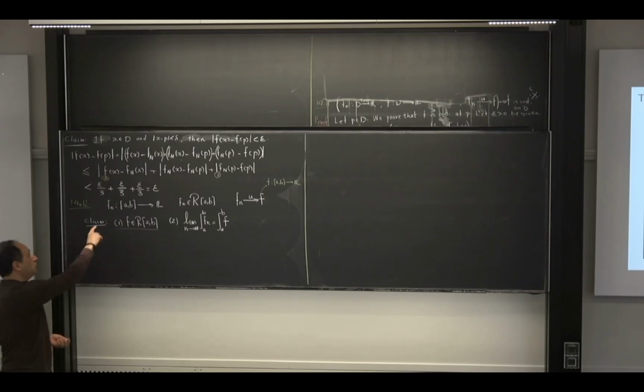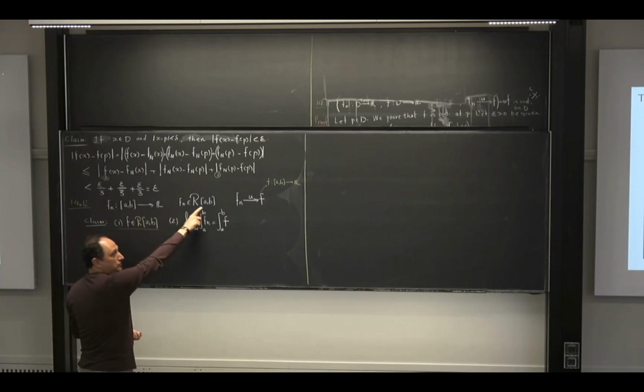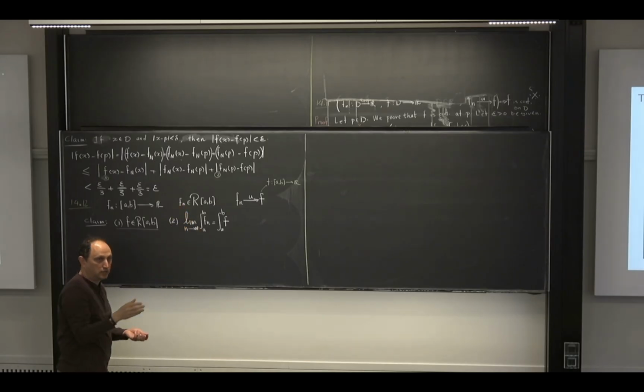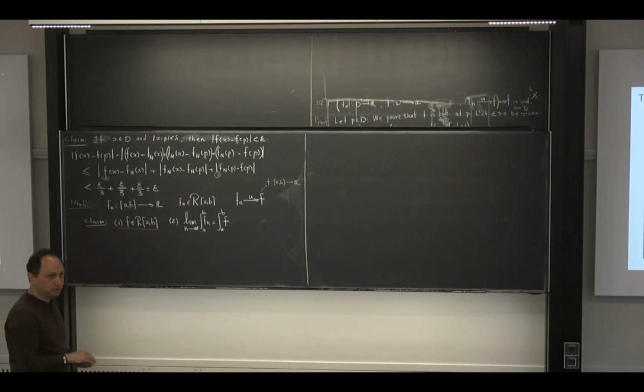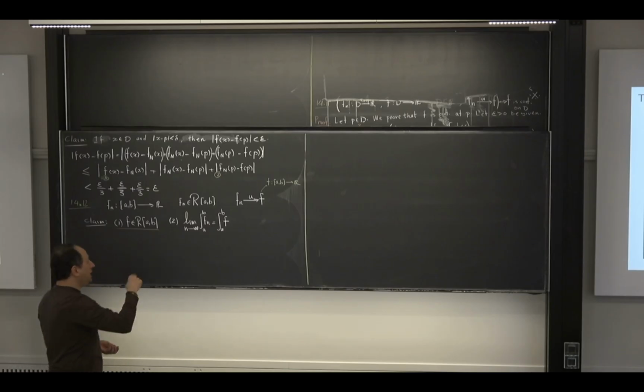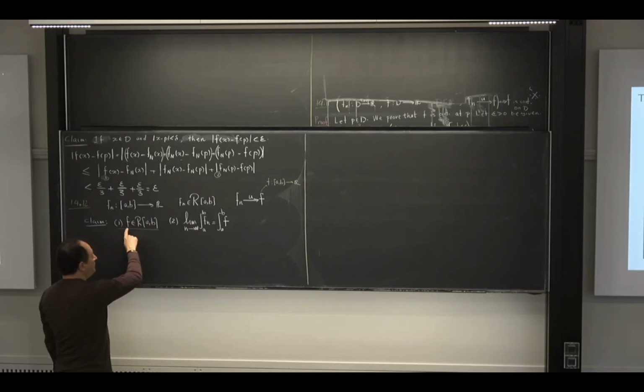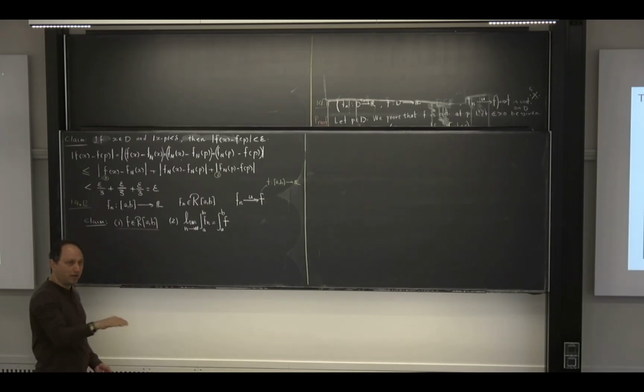Because I know my functions are all Riemann integrable, so it means that all these functions are bounded. Otherwise, I cannot even talk about Riemann integrability, because we only talked about Riemann integrability of bounded functions. But now my claim is that f belongs to here. Of course, I have to prove much more, but one thing I have to convince you about is that this function remains bounded.